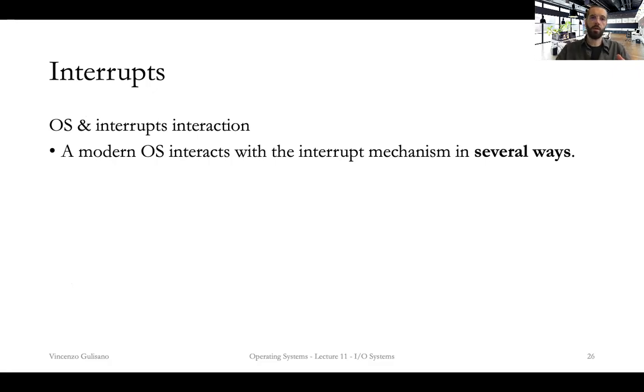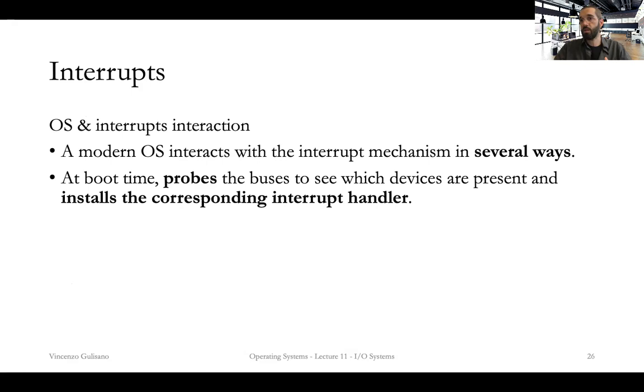Now, the operating system can interact with the interrupt mechanism in several ways. So basically, it's up to the operating system which routines are used to react to the specific interrupts.